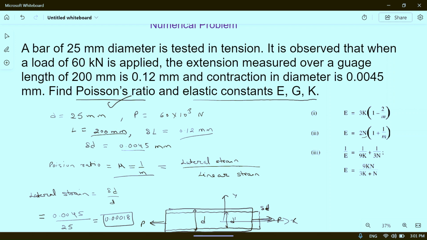We will find one, and in relation to that we can find the others by these formulas. You have to remember these three formulas, 1, 2, and 3. This is the same formula rewritten in different forms. After finding E and Poisson ratio you can find the other two.